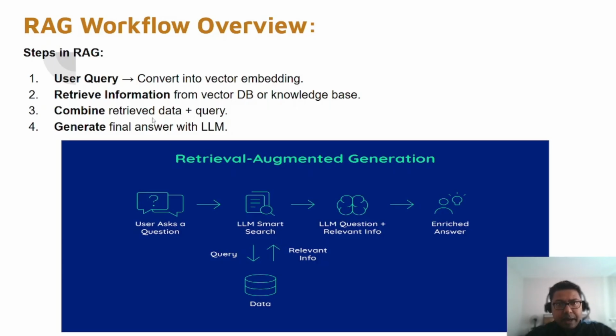Then it combines the retrieved data plus whatever query someone has asked, and passes the question plus the relevant data to an LLM. This brain sign is an LLM, and then the LLM gives an enriched answer to the member. So, generate the final answer with the LLM. So this is the process actually.